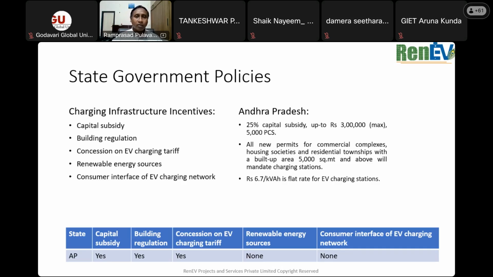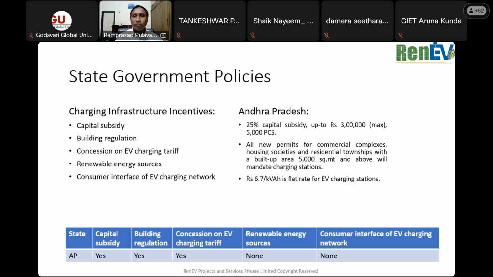Then building regulation. In the building regulations, different state governments are also coming up with some sort of regulation on the number of charging points that have to be provided in the building. In Andhra Pradesh, all new permits for commercial complexes, housing societies, and residential townships with a built-up area of 5,000 square meters and above will mandate charging stations.